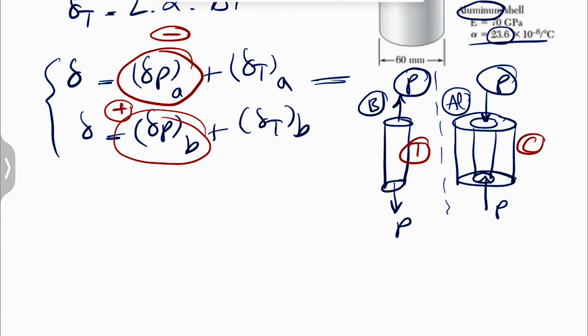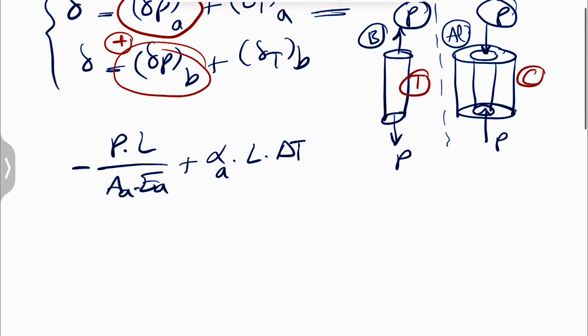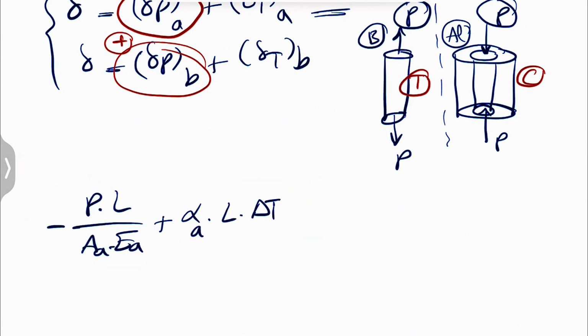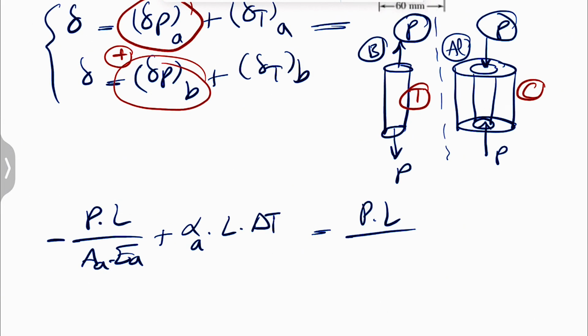For aluminum, we're going to have negative PL over the area of aluminum times elastic modulus of aluminum, plus alpha of aluminum times L delta T, and this will be equal to PL over area of the brass times elastic modulus of brass, plus the thermal coefficient of the brass, L, and delta T.